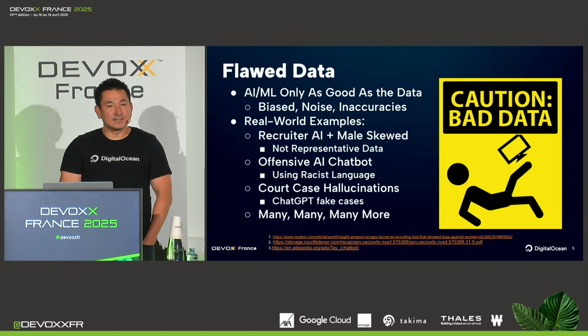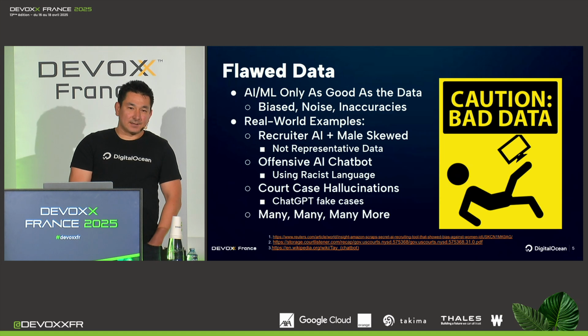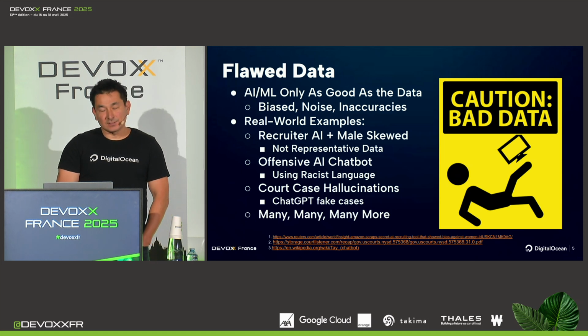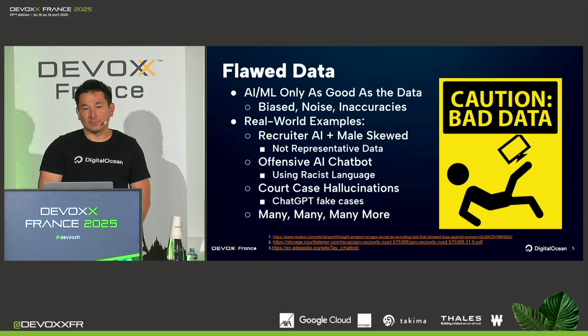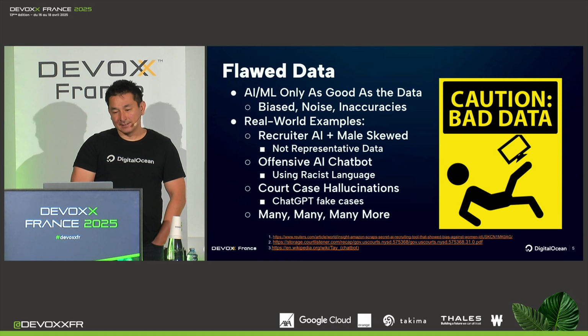And when they were using this recruiting tool to determine which resumes to screen out, it was heavily skewed towards getting male applicants. And you can see basically not having representative data can heavily impact what your AI and ML systems are doing. So this is not a great case, obviously.